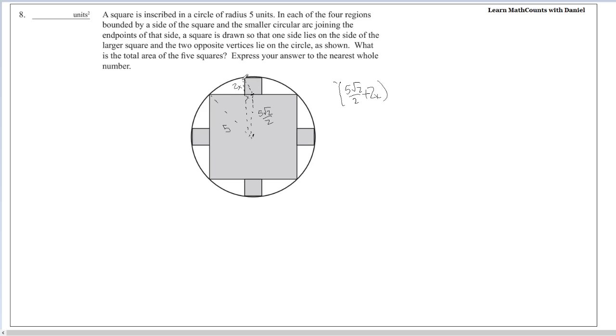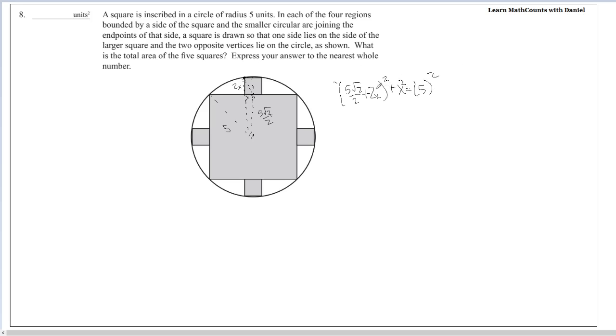Then we can use the Pythagorean theorem: vertical leg squared plus horizontal leg squared equals the hypotenuse, which is the radius, also known. So let's solve this equation. We have (5 root 2 over 2 plus 2x) squared plus x squared equals 5 squared.